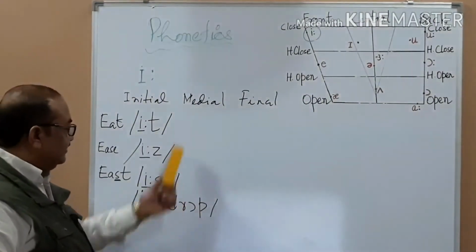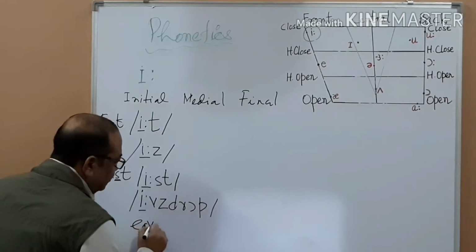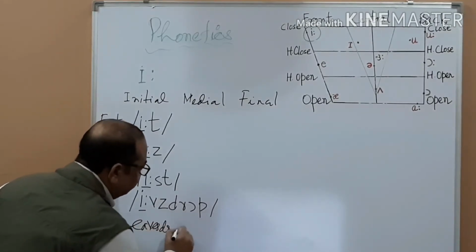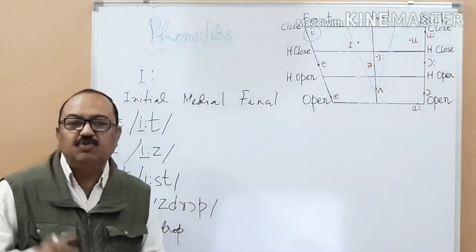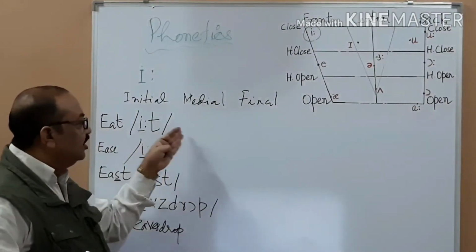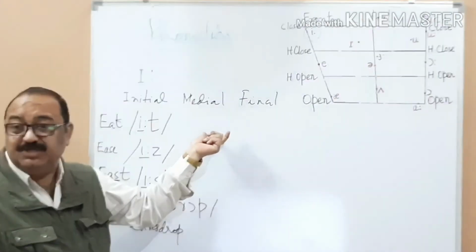Now we come to the medial. I have not written eavesdrop because there is less space here. Now let me know the words where this long E sound comes in between.